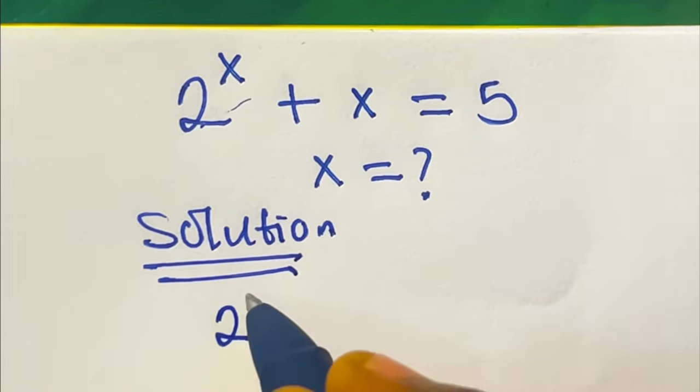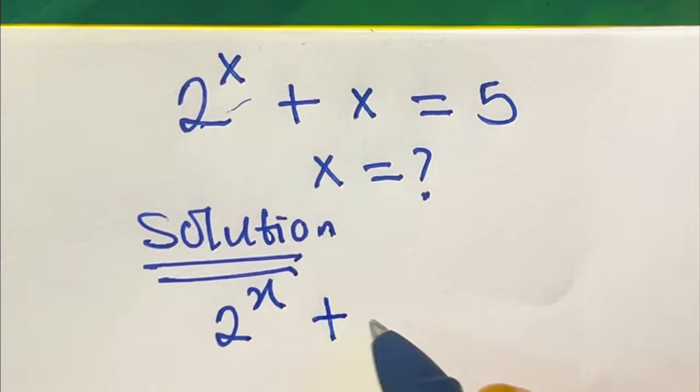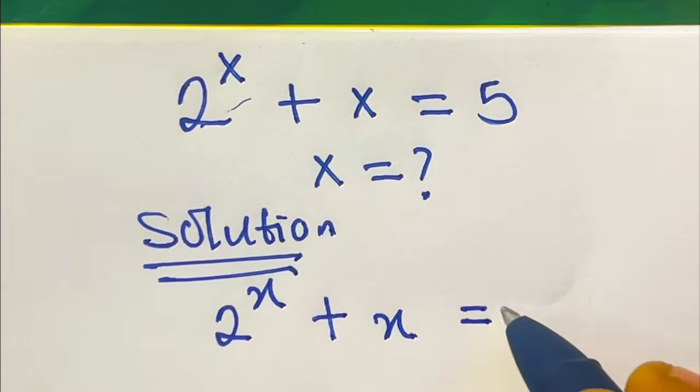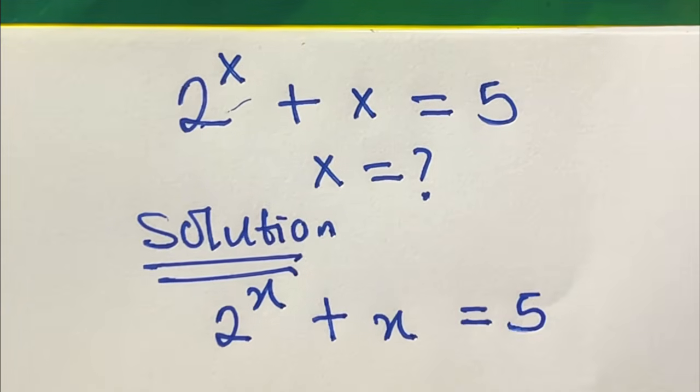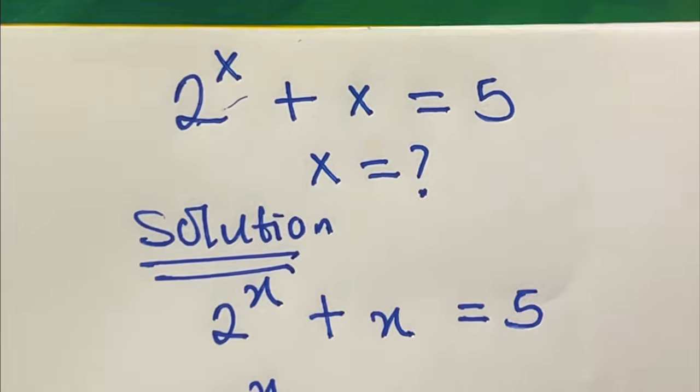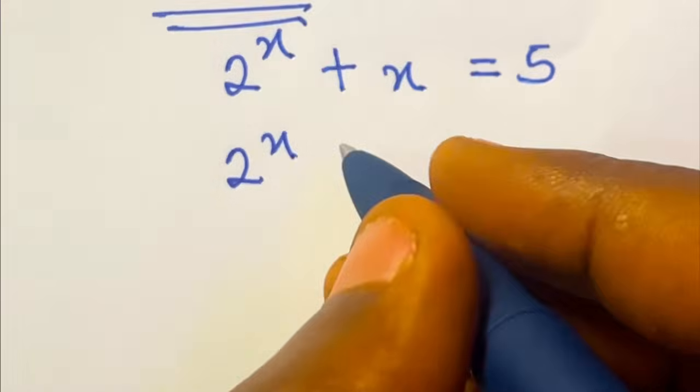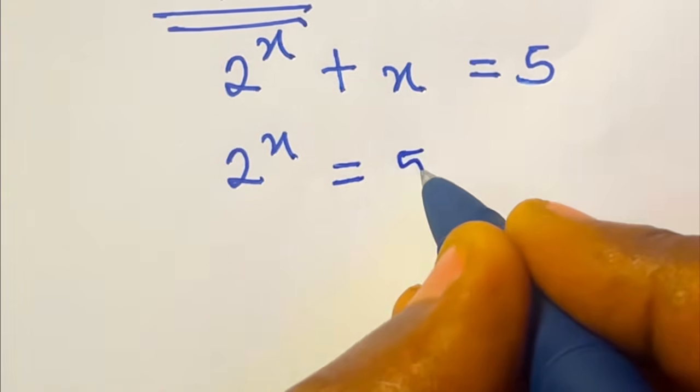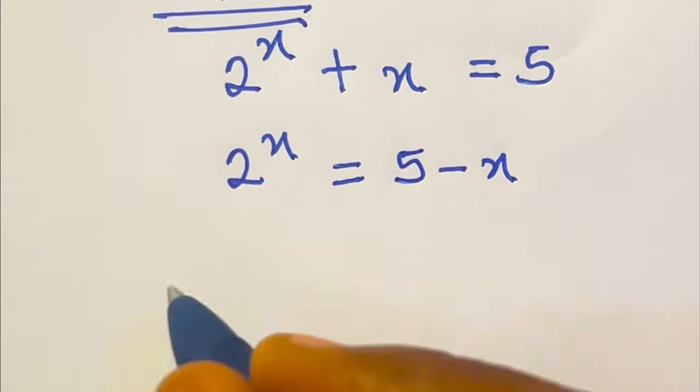We have 2 raised to power x plus x equals 5. The first thing to do here is to move x to the other side. So we'll have 2 raised to power x equals 5 minus x.